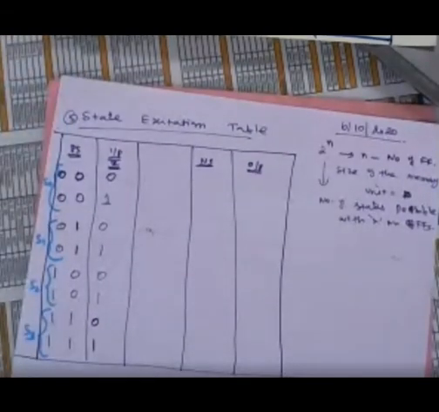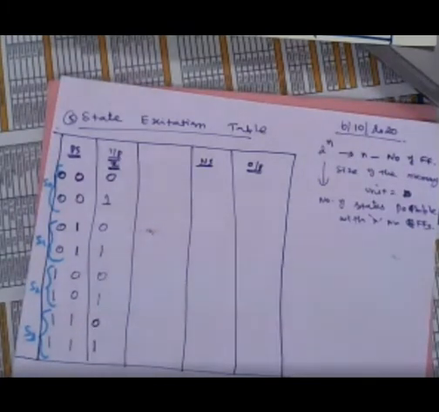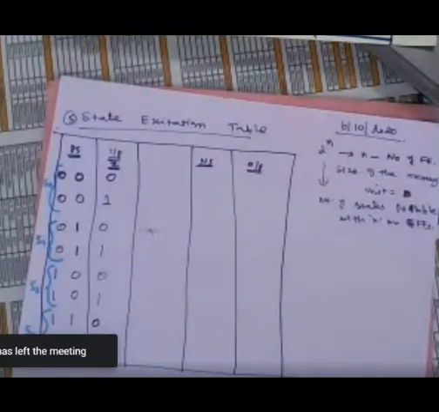So S0 is replaced by the binary assignment 0, 0. S1 is replaced by 0, 1. S2 is replaced by 1, 0 and S3 is replaced by 1, 1, right? So this is the classical way of assignments, until any binary value is specifically given to you.